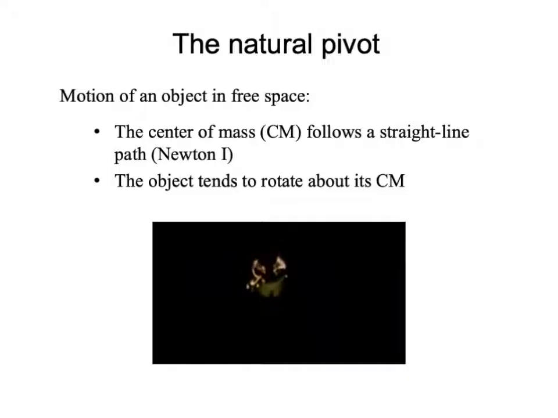And we can see how the center of mass, following its ballistic orbit about the moon, is stationary in the image, but the spacecraft rotates about the center of mass. It's the natural pivot point.